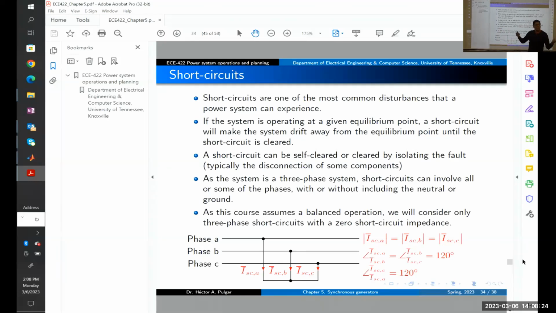When you have that situation, a huge current will go through the branch that might burn the branch, and it might fall to the ground. And after a while, you don't have any fault whatsoever. In that case, we say that the fault is self-clearing. The fault remains for a fraction of a second, and it removes itself.